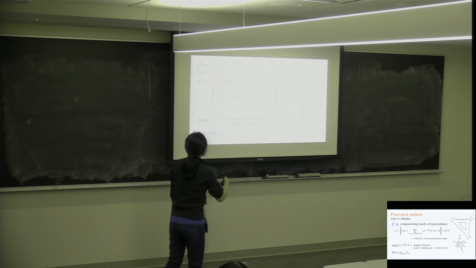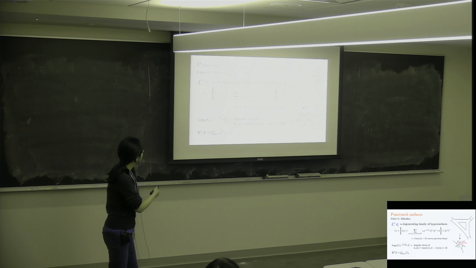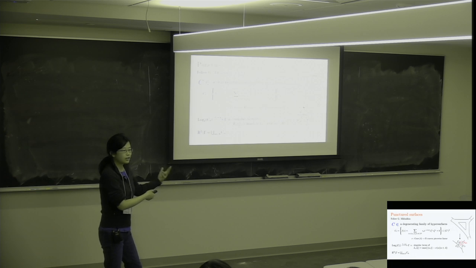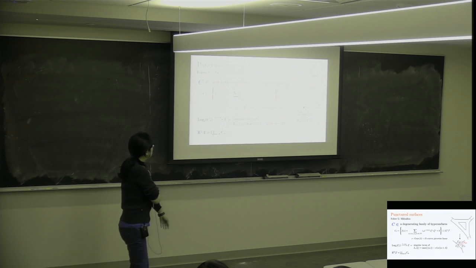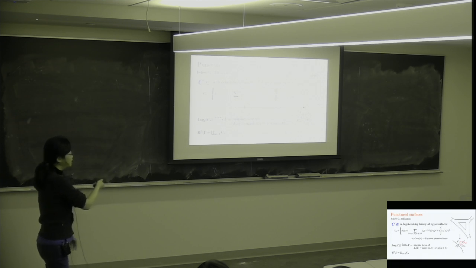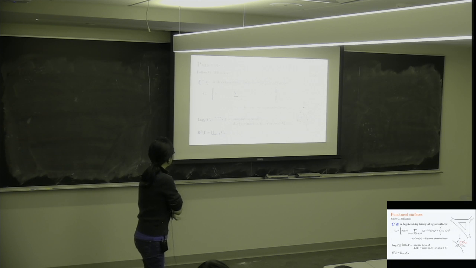And here, this alpha is a finite sum. So alpha belongs to a finite set of the integer lattice, and this mu here is a convex piecewise linear function defined on A. So this is Minkowski's story for pair of pants decomposition.